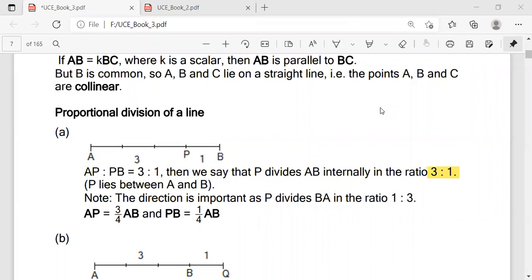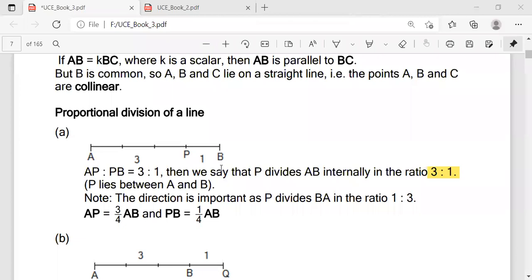For instance, AP is between A and P, forming a vector AP, and PB is also a vector of its own. So AP to PB, their demarcations are 3 and 1: 3 between A and P, and 1 between P and B. We know that the whole line is AB, and the whole line is 3 plus 1, which is 4.